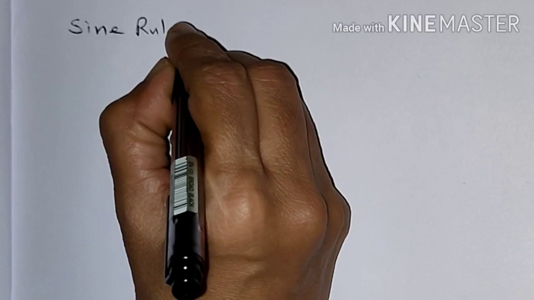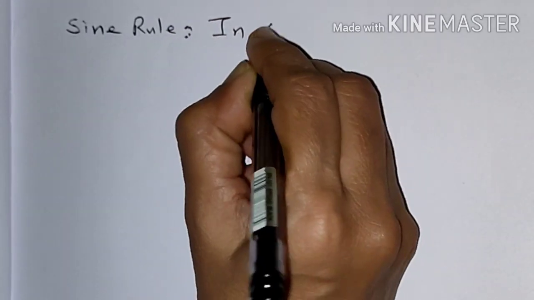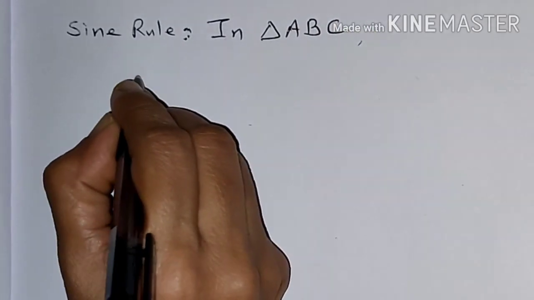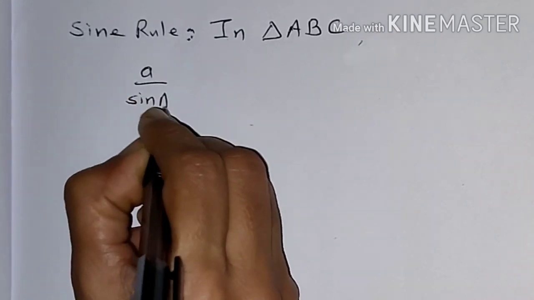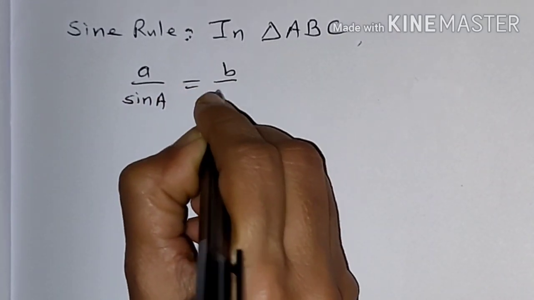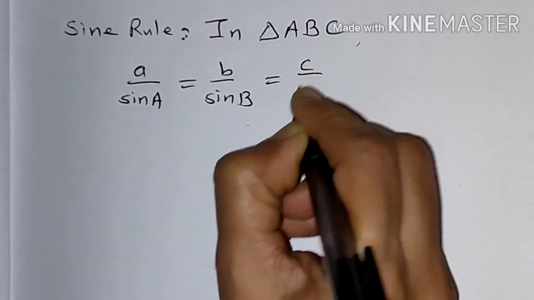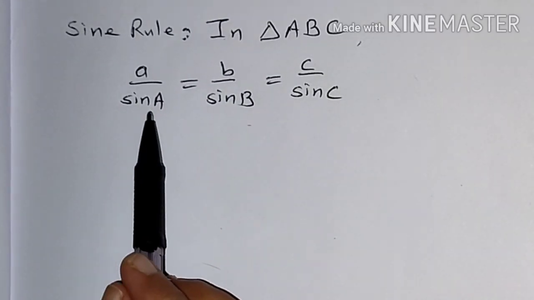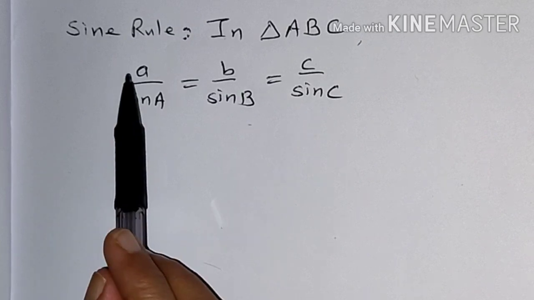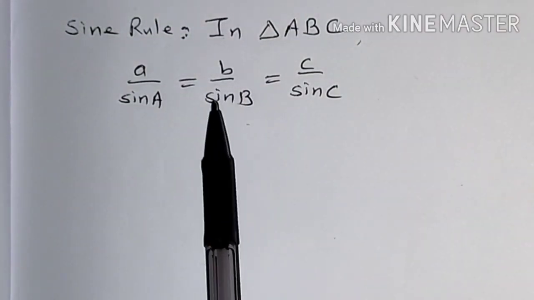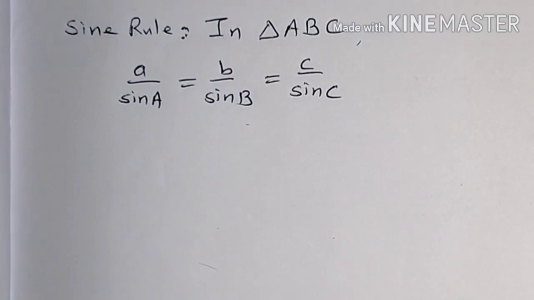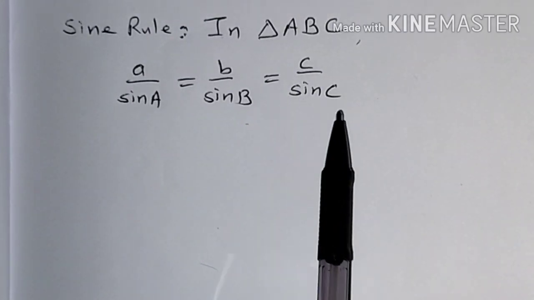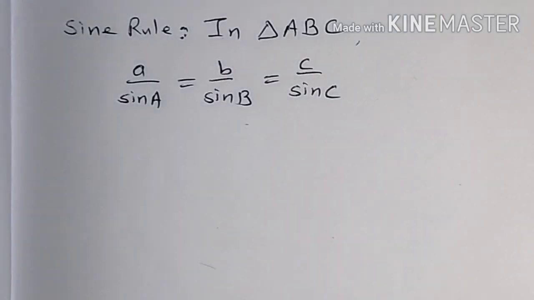In triangle ABC, a upon sine A is equal to b upon sine B is equal to c upon sine C. That is, sine of angle A is proportional to the side opposite to angle A. Similarly, sine of angle B is proportional to b, and sine of angle C is proportional to c. Now all these 3 ratios are equal and equal to some constant.